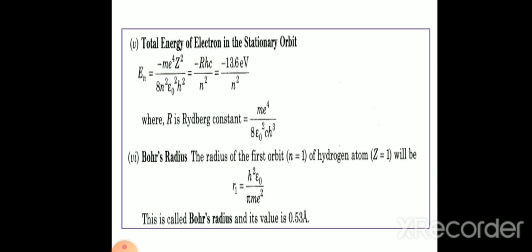This is an equation for the total energy of an electron in the nth orbit in electron volt.